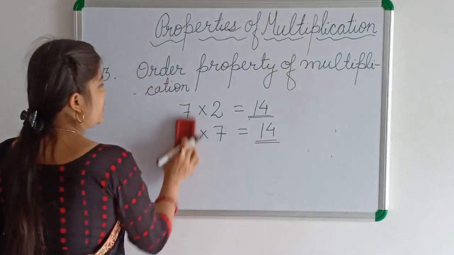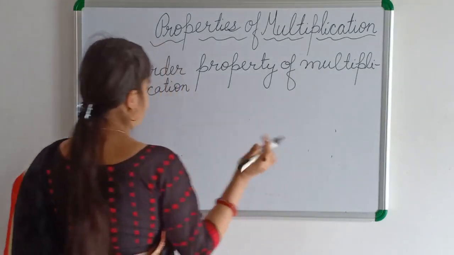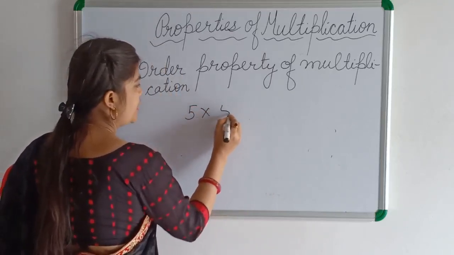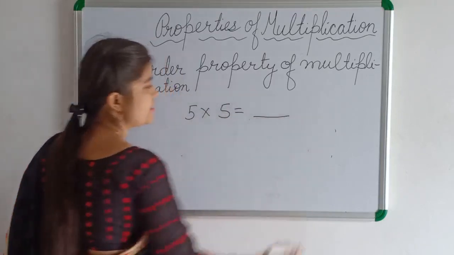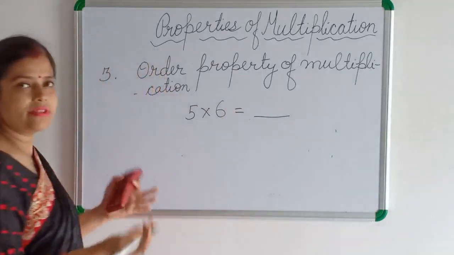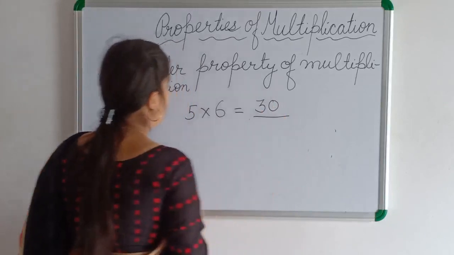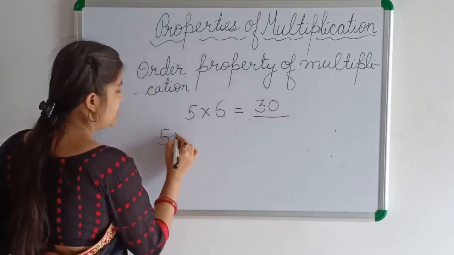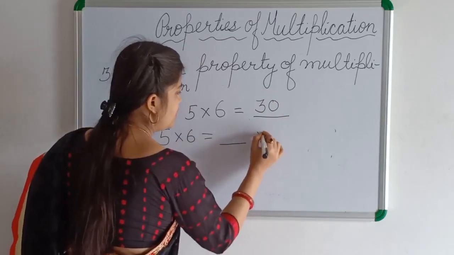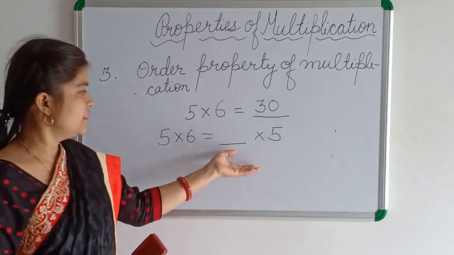So here also you can do fill in the blanks. It will be asked: 5 into 6, you know the answer, 5 sixes are 30. If it is asked 5 into 6 is equal to dash into 5, what will you fill here?